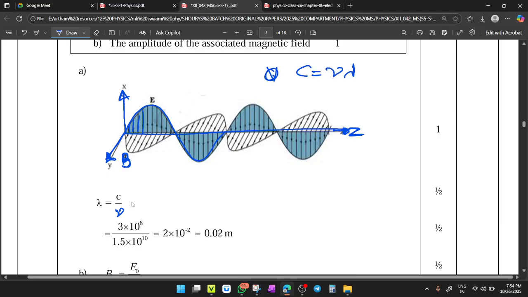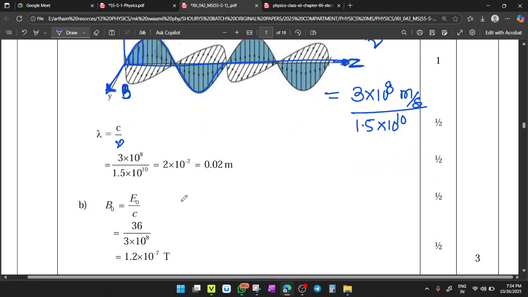So lambda is equal to C by nu, where nu is the frequency. C is the speed of light, which equals 3 into 10 to the power 8 meter per second, divided by nu, the frequency, which equals 1.5 into 10 to the power 10. You will have your answer: 2 into 10 to the power minus 2, which equals 0.02 meter.